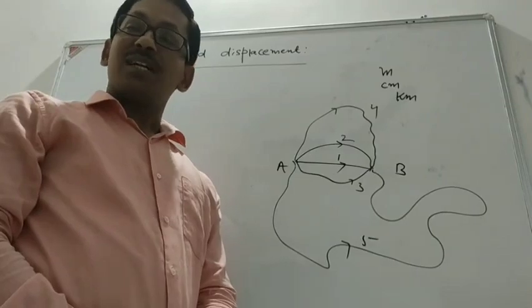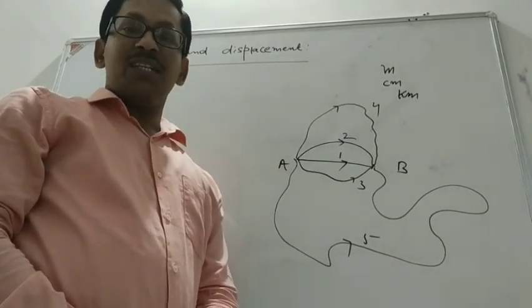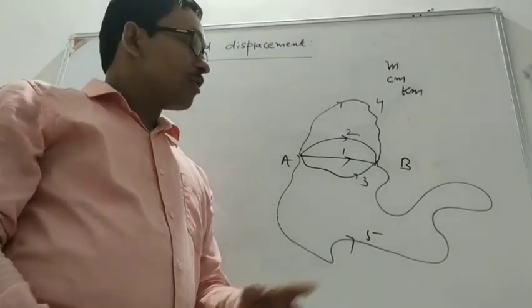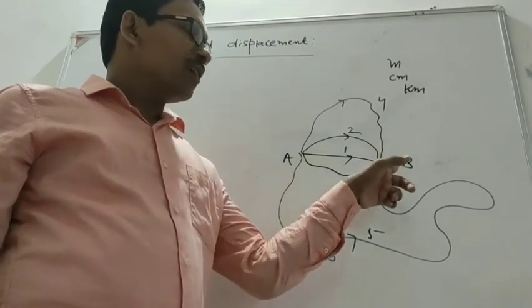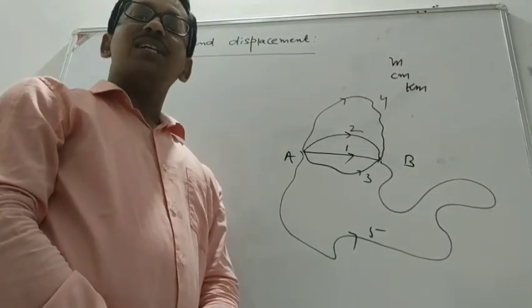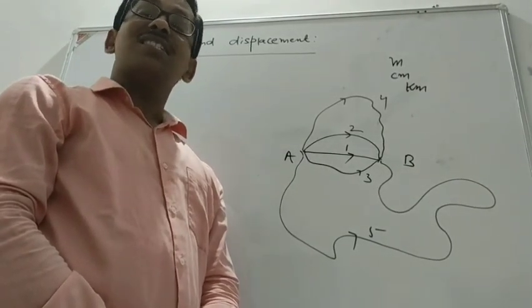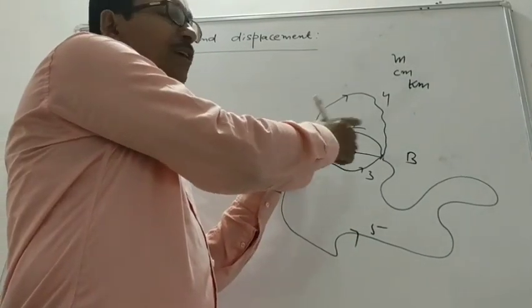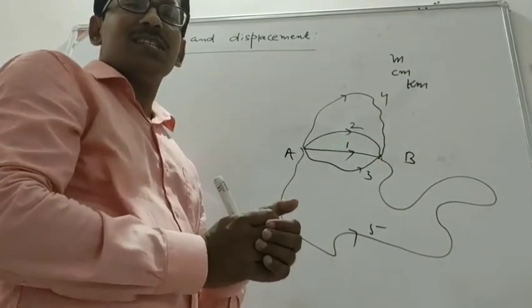Displacement. Placement means position. Displacement means change in position. When you are going from position A to position B, the displacement is the shortest distance. That means whenever you are going from A to B through different paths, which one is the shortest?